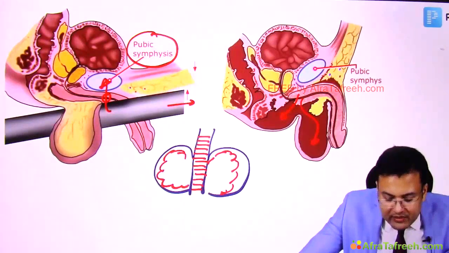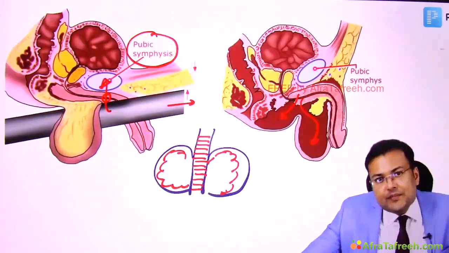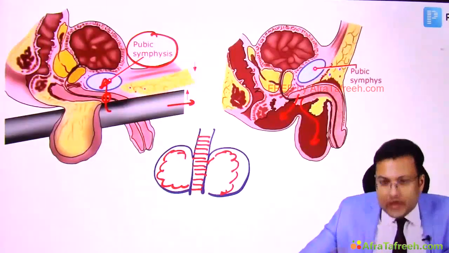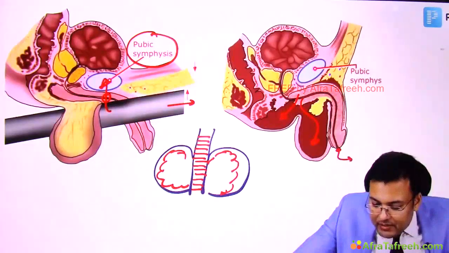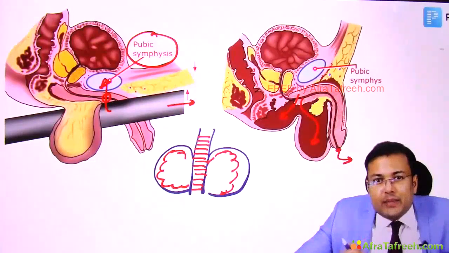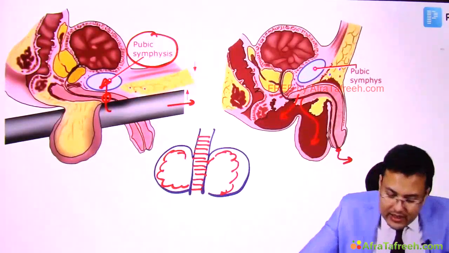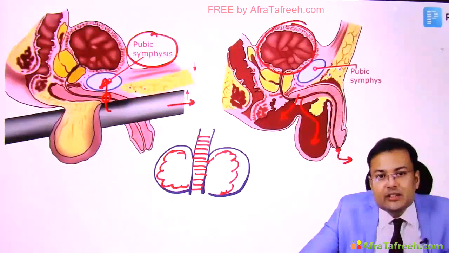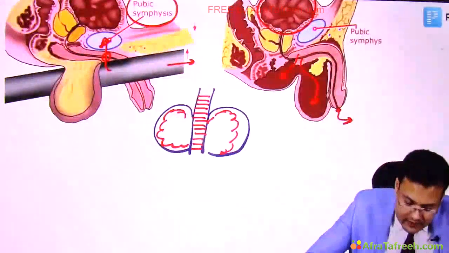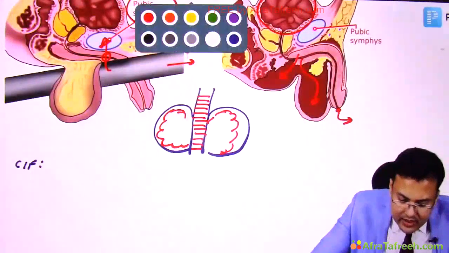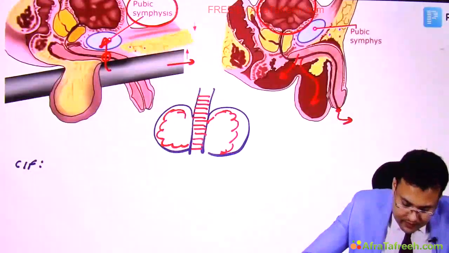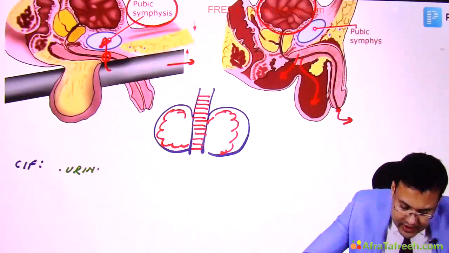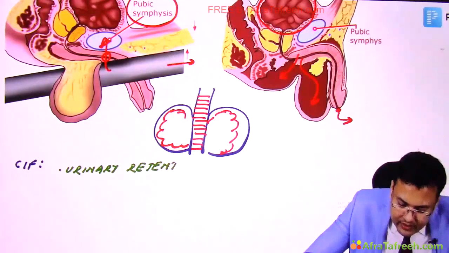So what is the shape of hematoma? This is butterfly shaped. So in these patients also what happens? There is blood at meatus, there is perineal hematoma, and there is what? Urinary retention. Okay. So clinical features: these patients have urinary retention, these patients have perineal hematoma.